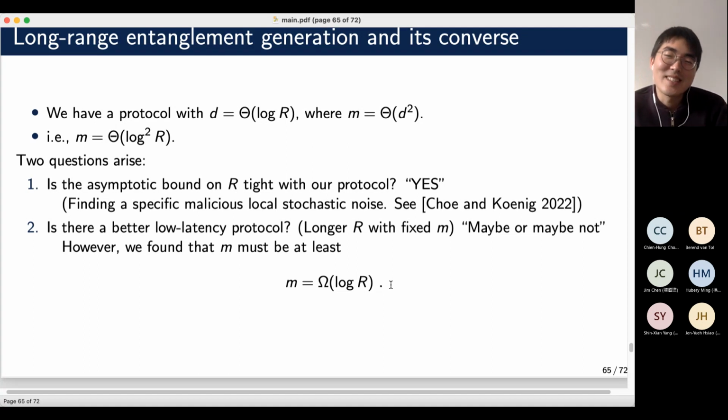But in our case, it is not really adaptive, but you can prove the adaptive low latency protocol needs at least log R qubits. Okay. Thank you.